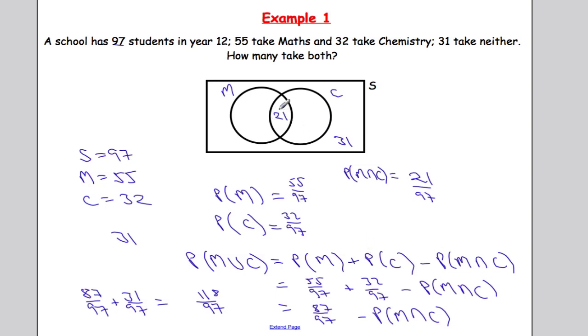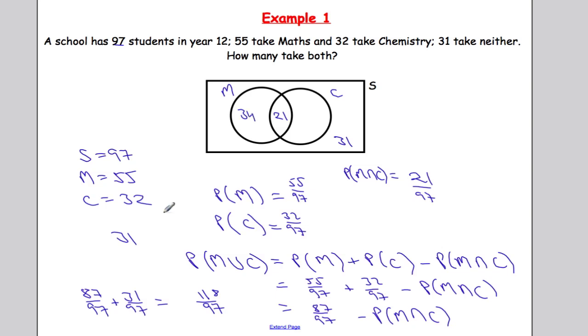Now I know that there's 21 people here, but in maths there is 55 altogether, so the whole thing is 55, but this bit is 21. That means 55 take away 21 gives me this bit, and 55 take away 21 is 34.